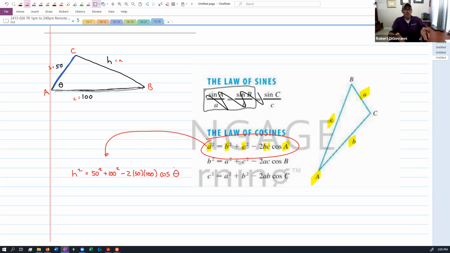There it is. That is an equation that connects theta and h together. So all I have to do is differentiate it, and I'm in business.